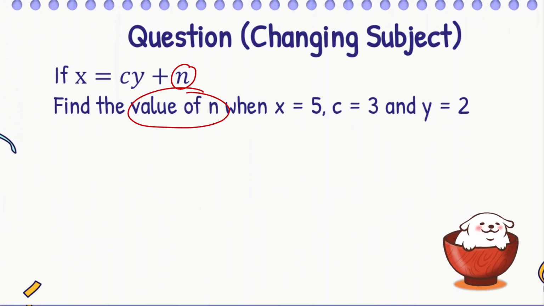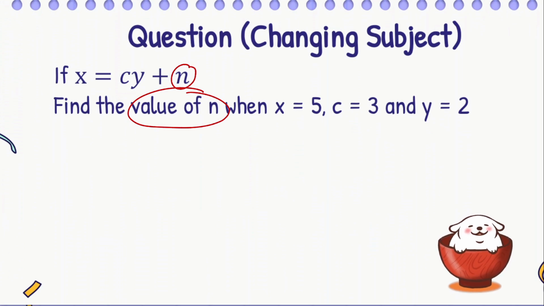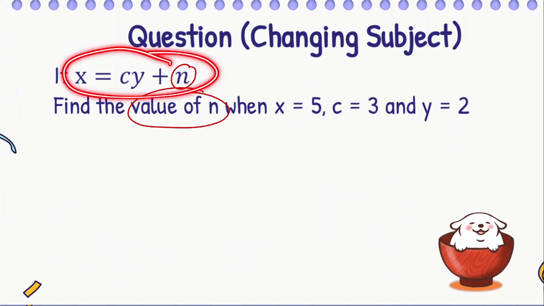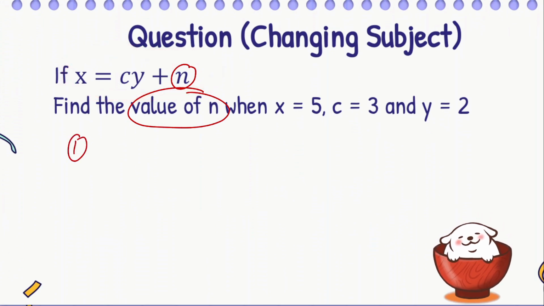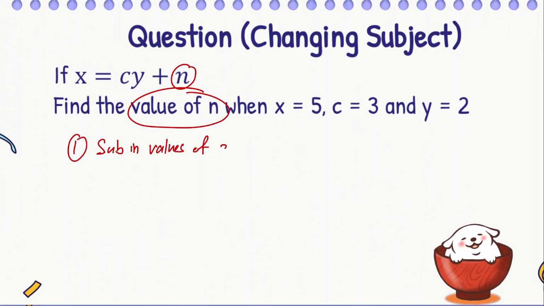So let's think about it. If you want to find the value of n, we need to make n the subject. However, do you want to manipulate the equation where everything here is a variable? The first step for such an equation is to sub in the values of x, c, and y.